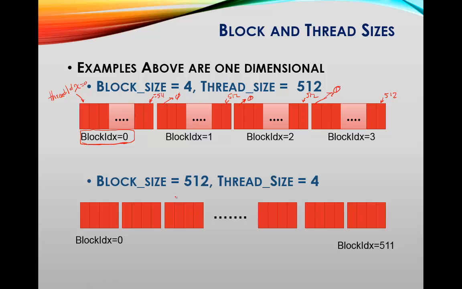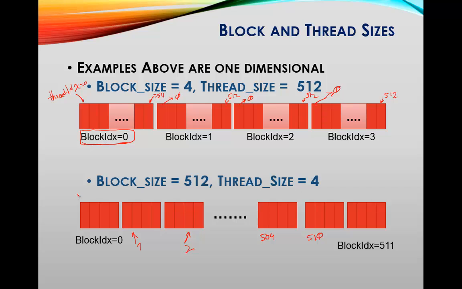Or you could create 512 blocks and have each of them have 4 threads. In this case, your block indices would range from blockIdx 0, blockIdx 1 for this one, blockIdx 2 for this one, up to blockIdx 509, blockIdx 510, and then blockIdx 511.